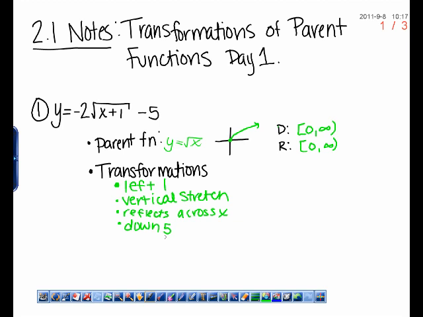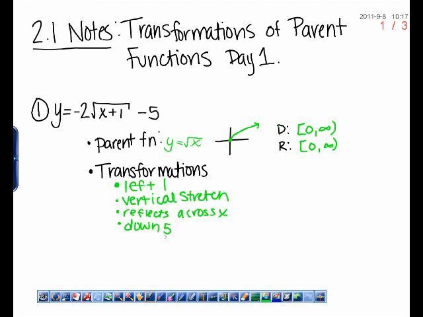So what you want to think of is that your parent function is the square root of x. Anything that you're taking the square root of is essentially in your parentheses, because that's what's inside the function. Anything that's outside the square root, you're doing to the square root of something, so you're applying it to the whole function. That's like outside your parentheses.